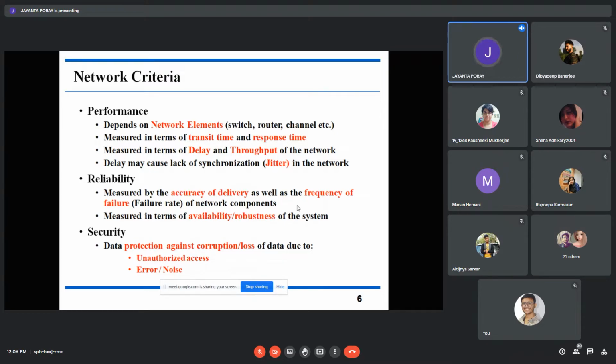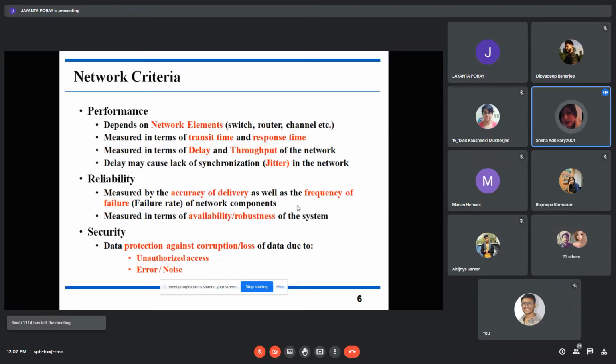Okay, so can anyone tell me the difference between transit time and response time? The time it takes for the data packets to move from one device to another, from the one who is transmitting, to cover the distance and be received by the second device.